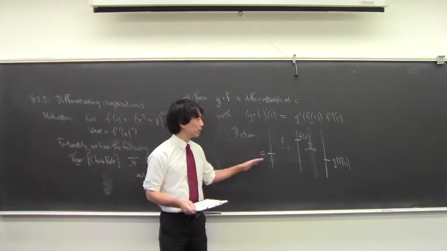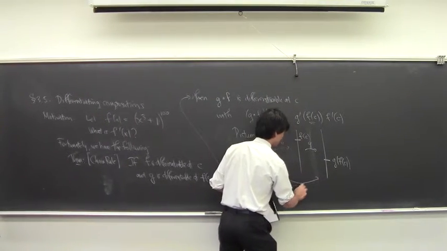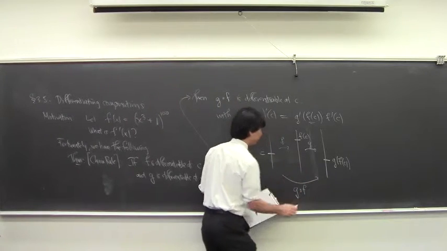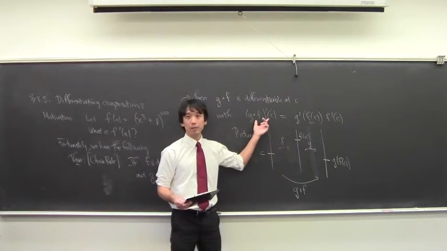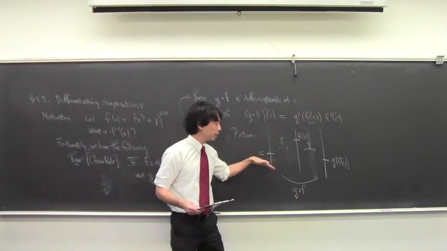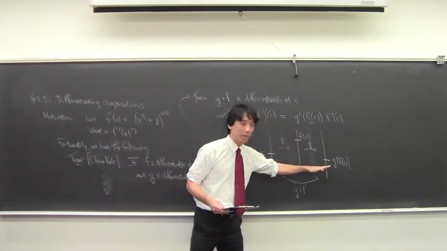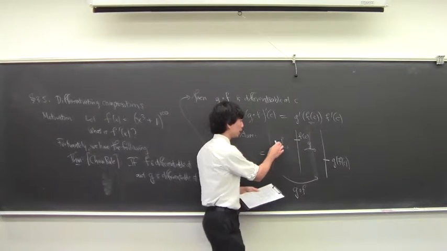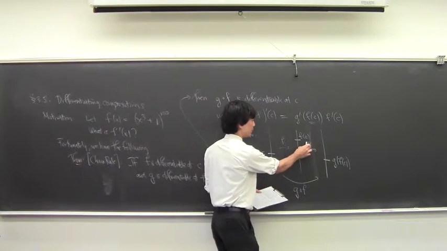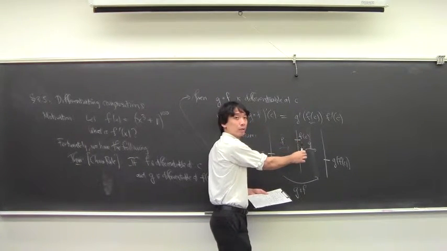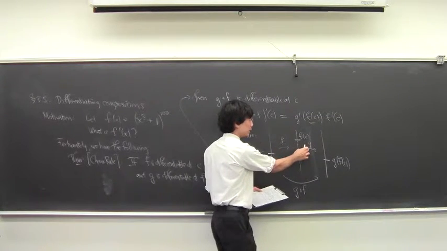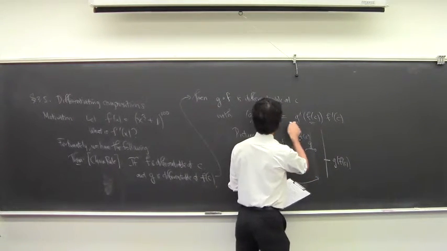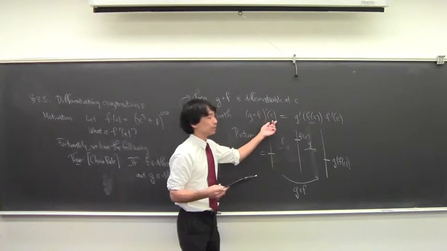Here's the composition map, g composed with f. And what the theorem is saying is that the derivative of the composition map is the product of the derivatives along the way. So you take f prime at c times g prime at f of c, which is going to be the derivative of g composed with f at c.